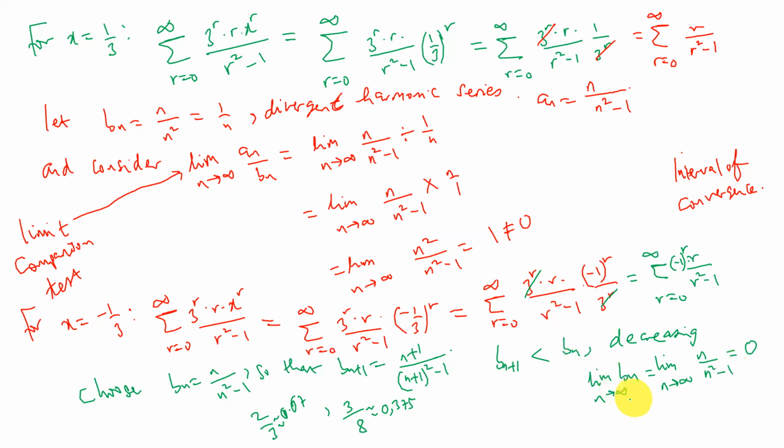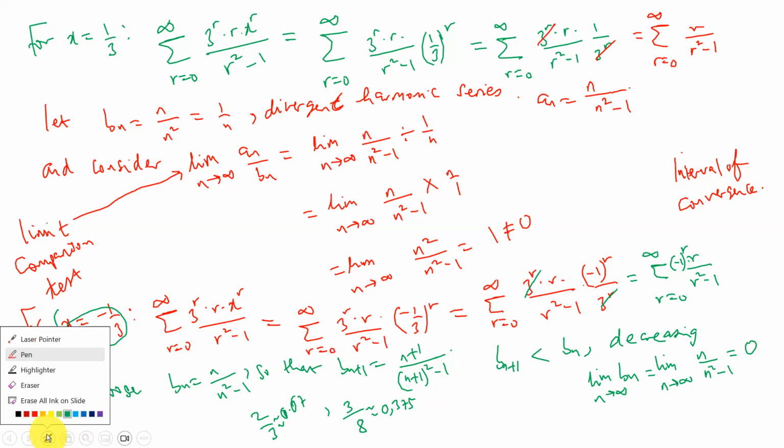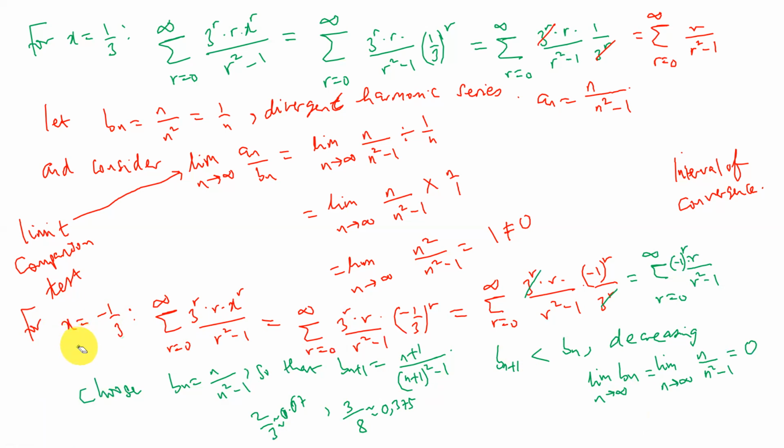Okay, so we have that. So it means therefore this x equal to minus 1 over 3 is actually at the convergence part, which means that we are able to do the following.